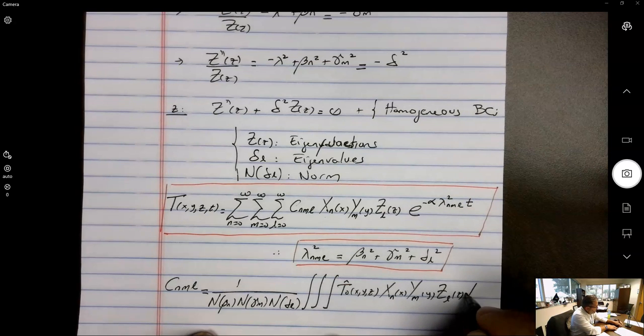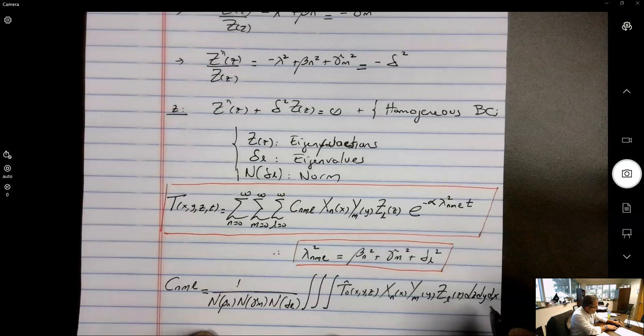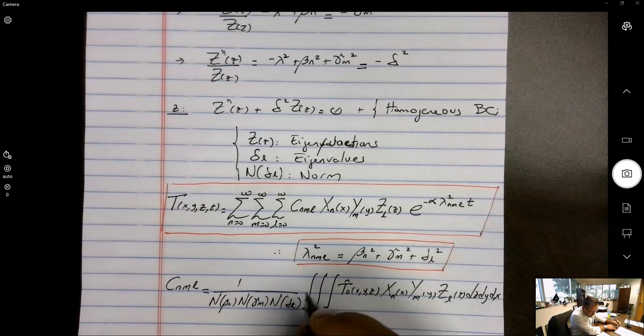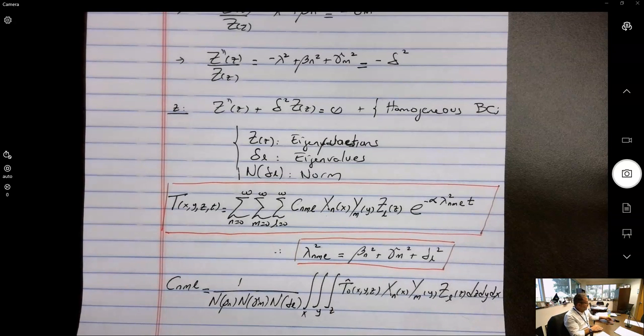And we're going to do dz, dy, dx. And this will be the integral over the z limits, the y limits, and the x limits. And that's all.